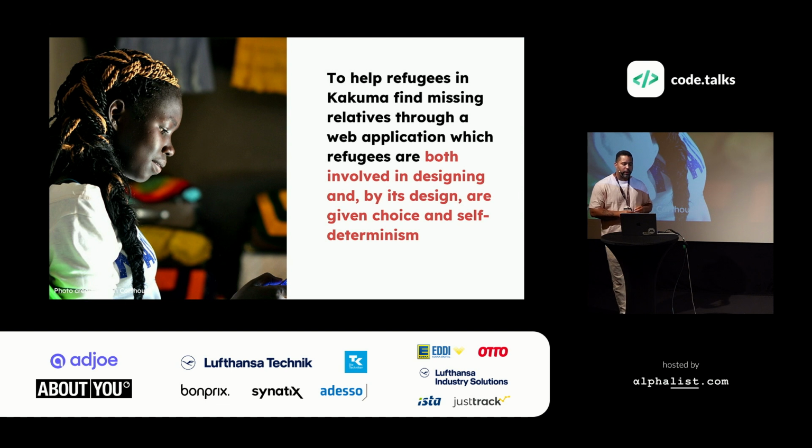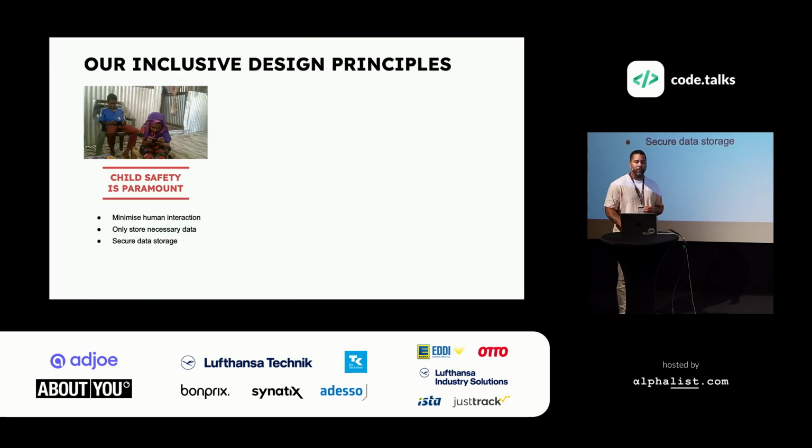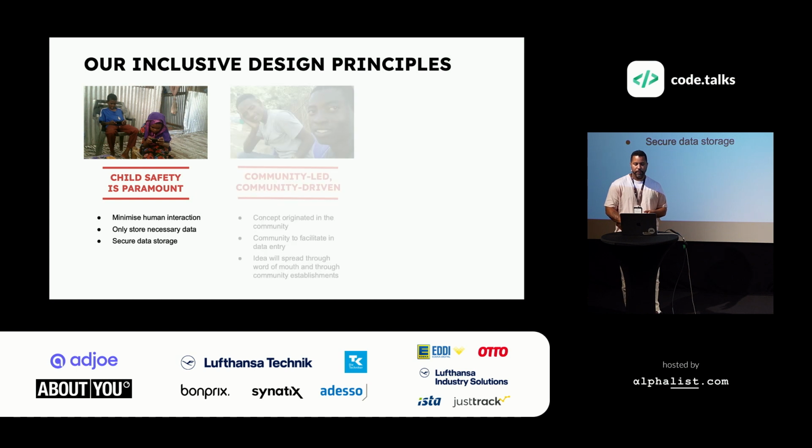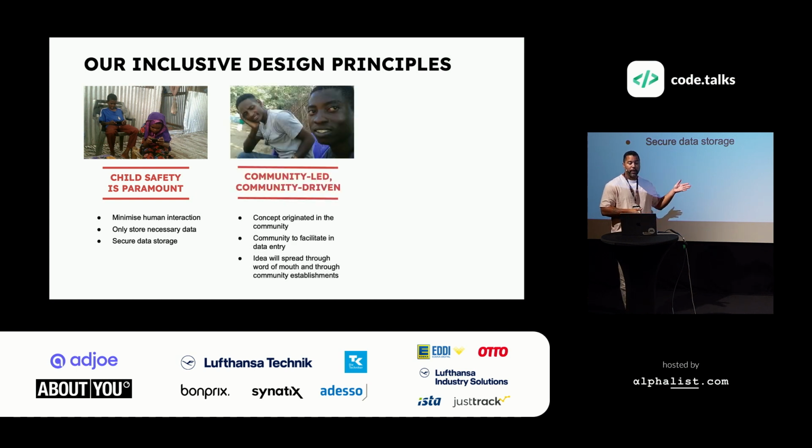Furthermore, from what we knew at the time, we formulated 3 guiding principles for the Find Me app. Starting with this one, child safety is paramount. Minimize human interaction, only store necessary data, secure data storage. Community-led, community-driven.